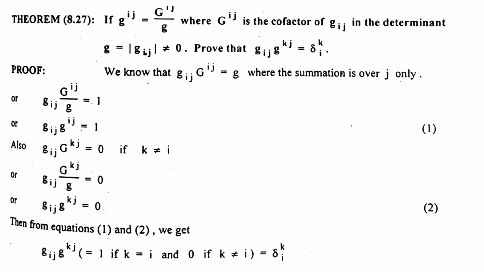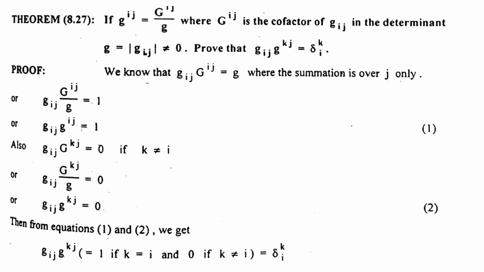Actually, if we use tensor contraction, then from the second term j is contracted with j and we remain with delta ki. Here we are proving it.